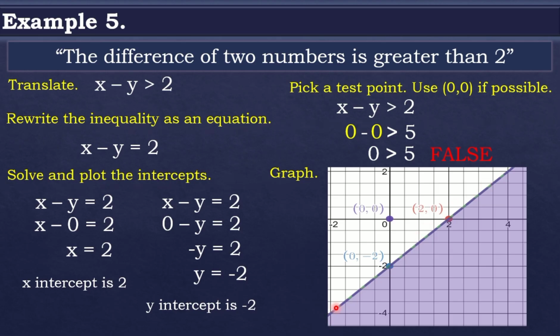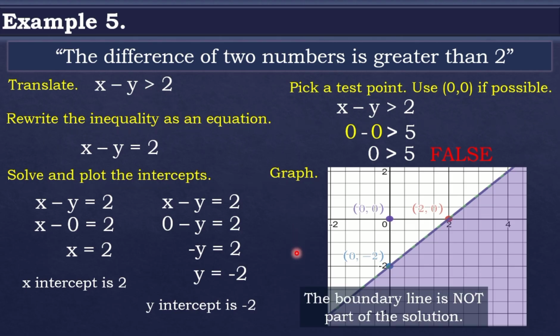So, all the points on the boundary line, including those not shaded, are not part of the graph. Therefore, if it's not part of the graph, that is not part of the solution. Why is it a broken line? Because we have no equal sign here. Okay? So, the boundary line is not part of the solution. So, here you will find that out. Okay? And this is the graph of x minus y is greater than 2.